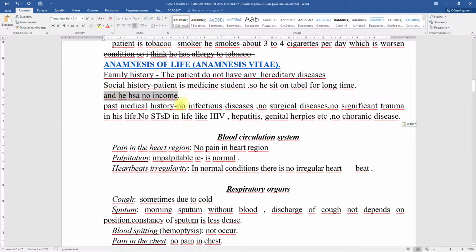He doesn't have income, but I don't really understand what it has to do in here. Maybe you wanted to mention that he doesn't have medical insurance. This may be important.